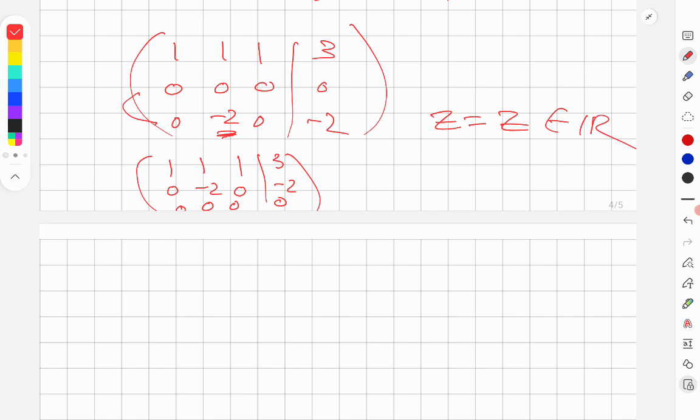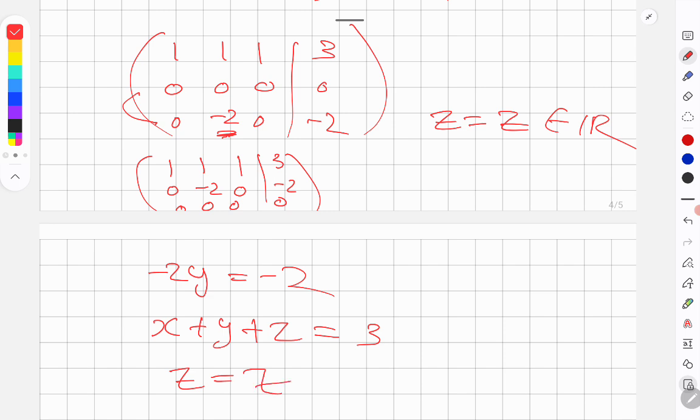Actually, the thing is, even if you write the equation from here, you will get -2y equals -2, right? Because this is equal to 0, and the first equation is x plus y plus z equals 3, right? Then you see there is no z here, so z is a free variable.